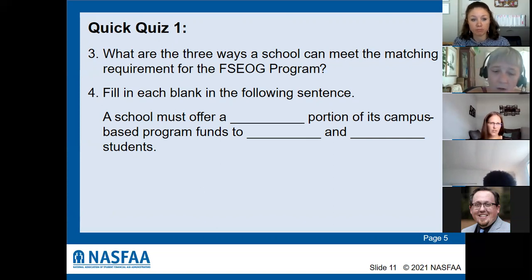Okay, the next question. A school must offer a blank portion of its campus-based program funds to blank and blank students. If you don't get the first one, I'm more concerned that you know what type of students have to be included.